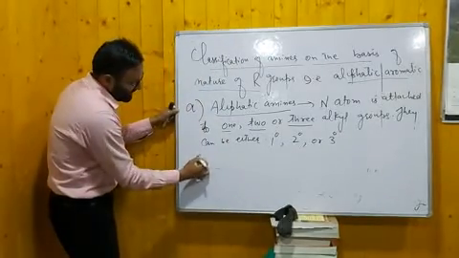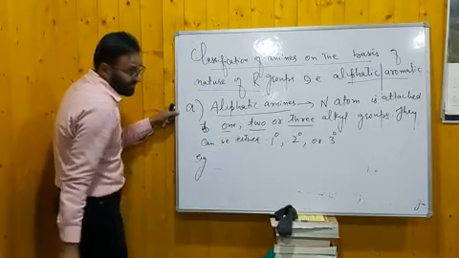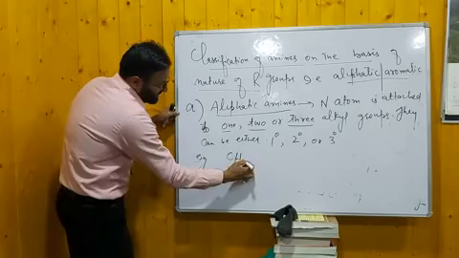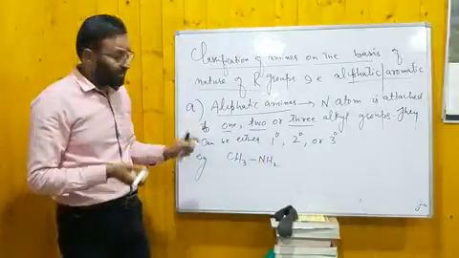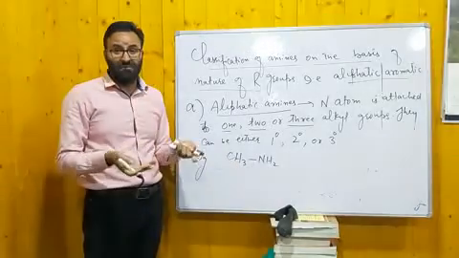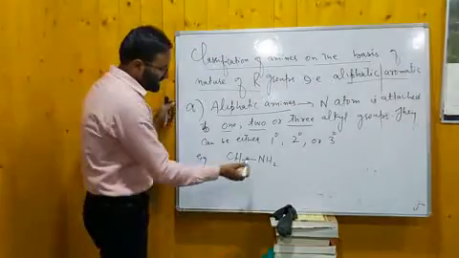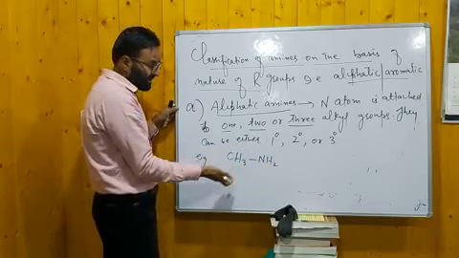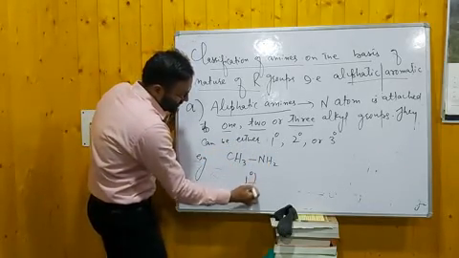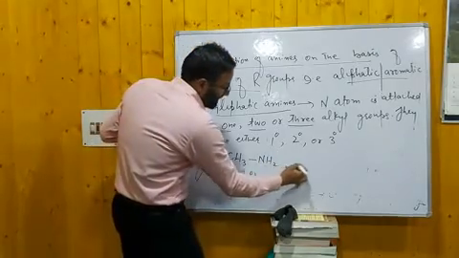For example, let us talk about the 1 degree. We will take the example CH3NH2. It is clear that here the R group is alkyl, methyl, and it is attached to the amino group, so it is primary. Only one hydrogen has been replaced. I can say it is 1 degree. Similarly, now we have secondary.